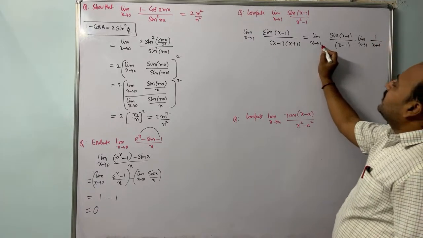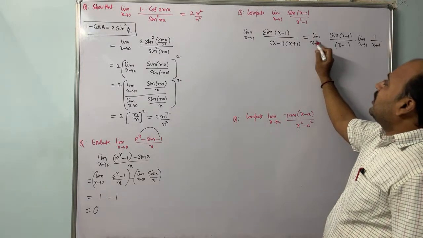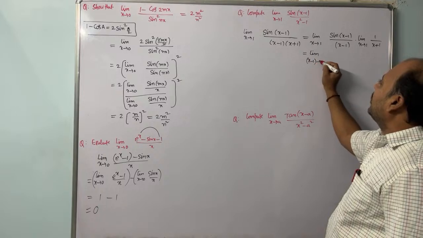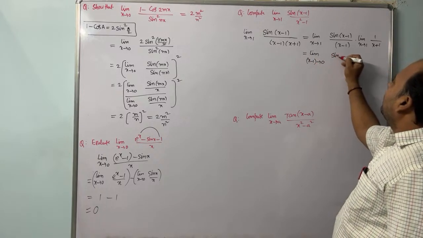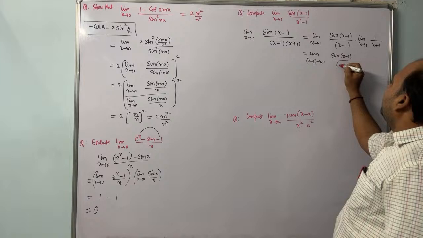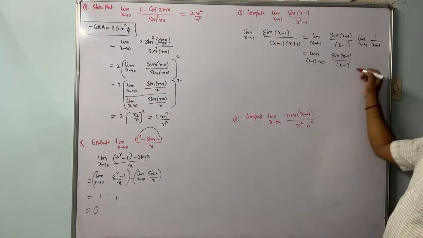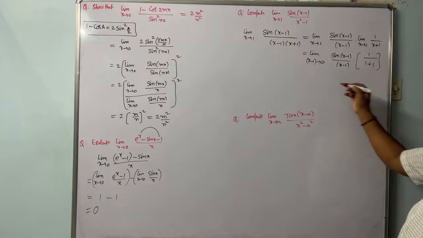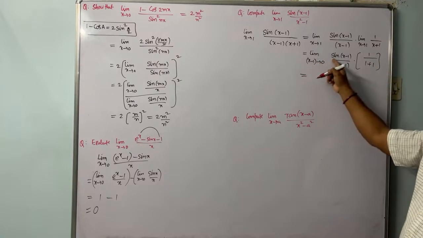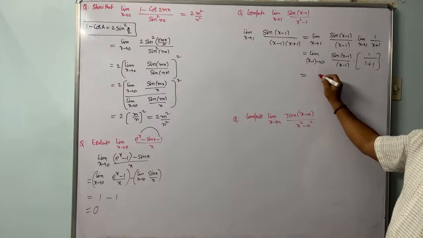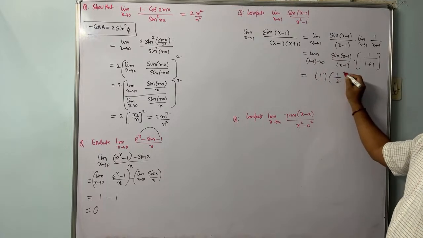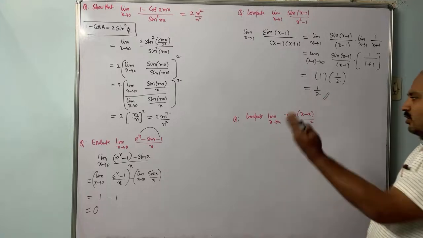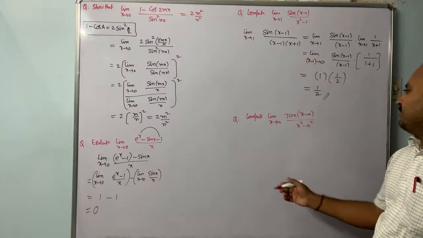So in the first term, bring the limit this side, it will become limit x minus 1 tends to 0, sine of x minus 1 divided by x minus 1, into x is equal to 1, substitute in this 1 by 1 plus 1. So which is equal to limit x tends to 0 sin x by x, but the value is 1 only, into 1 by 2. So 1 into 1 by 2 is 1 by 2. We got it. Now come to this question, this type of question.